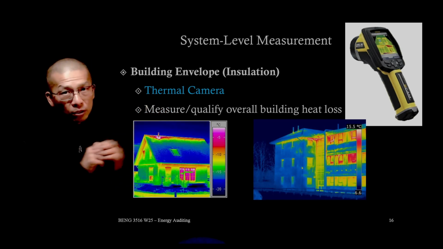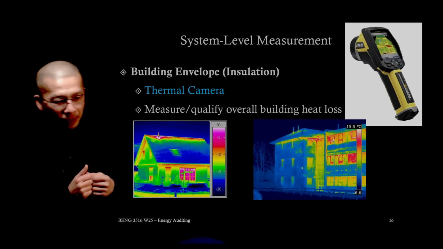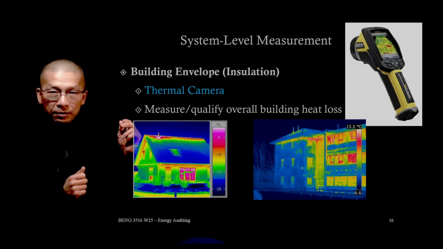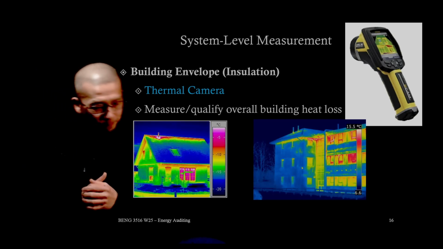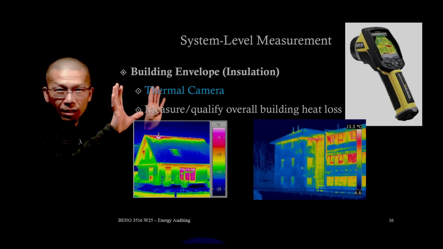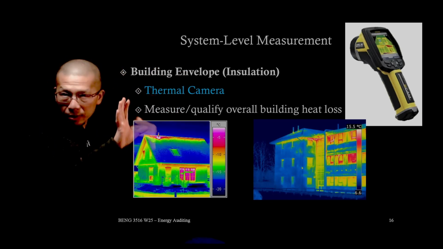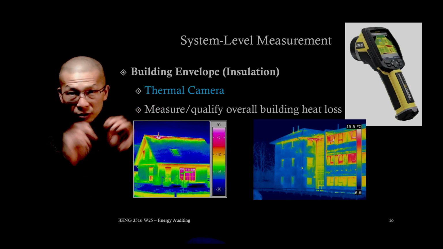The technical term is called emissivity, right? Okay, so we want to make sure we are measuring the right temperature. So when you see something very shiny and very reflective, make sure you put a black tape on before you measure the surface temperature.